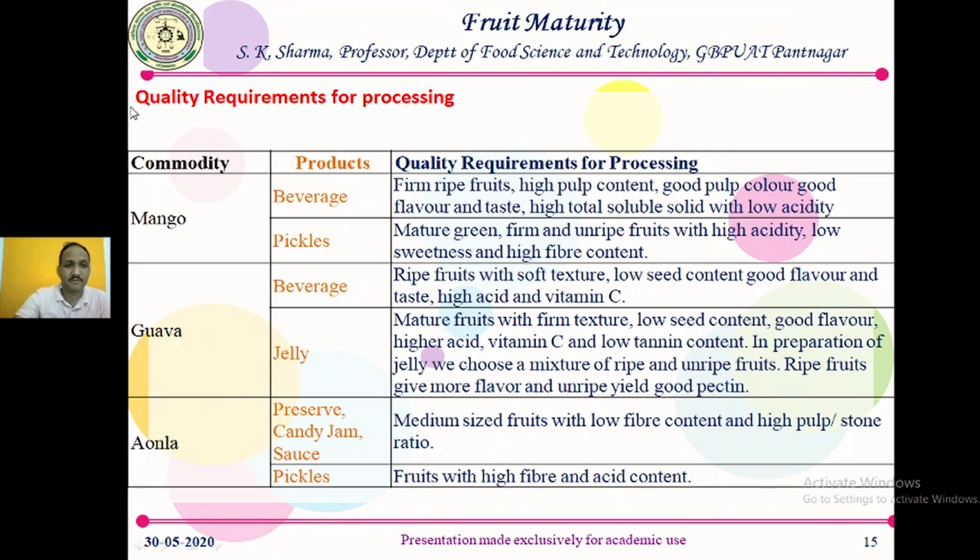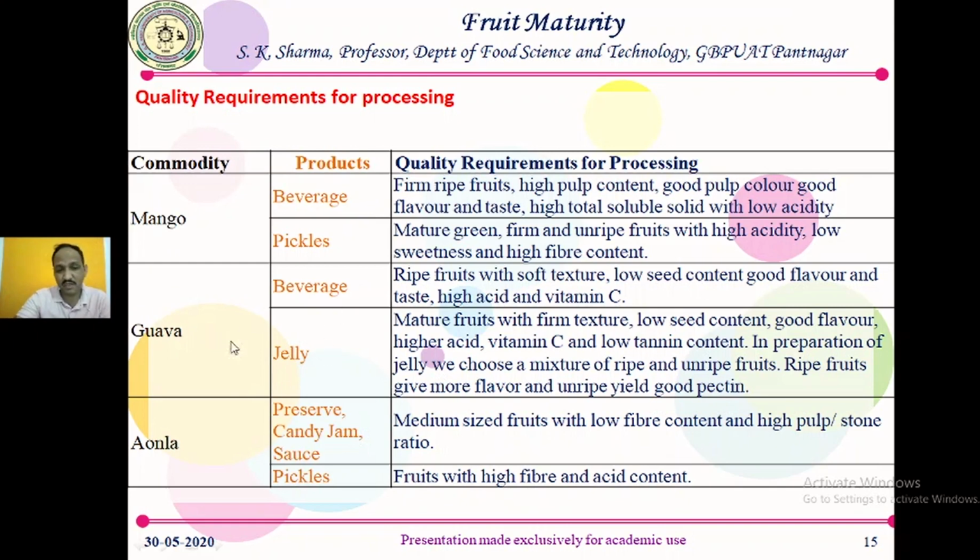Now going specifically for the quality, as I have given example earlier also, the harvest stage of mango for the purpose of preparation of beverage will be different from that when it is being harvested for the purpose of pickles. For pickles it will be mature green, for beverages or for juice or pulp it should be firm ripe. So that's very, very important.